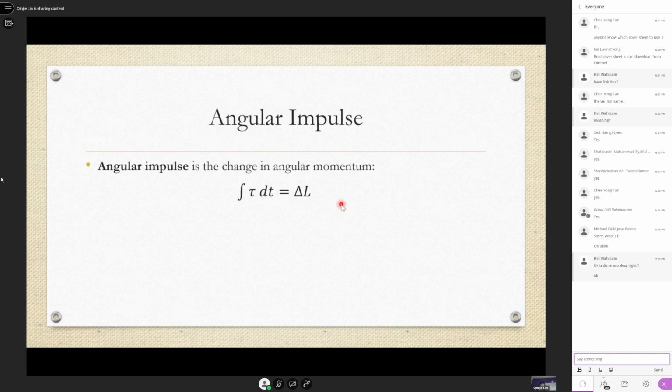Normal impulse is the change in linear momentum. Basically, this is just saying tau dt equals the change in angular momentum. Exactly the same as the linear counterpart, where F dt equals the change in linear momentum. Okay, same thing.